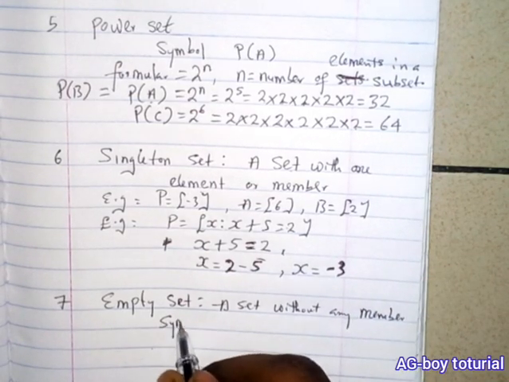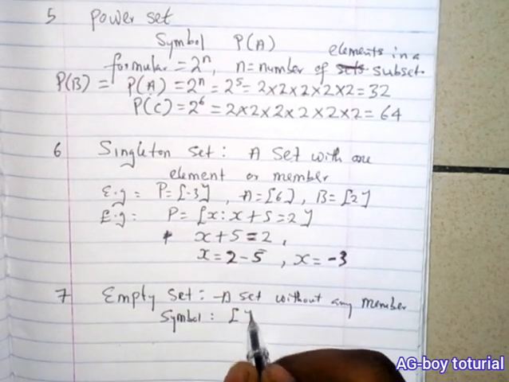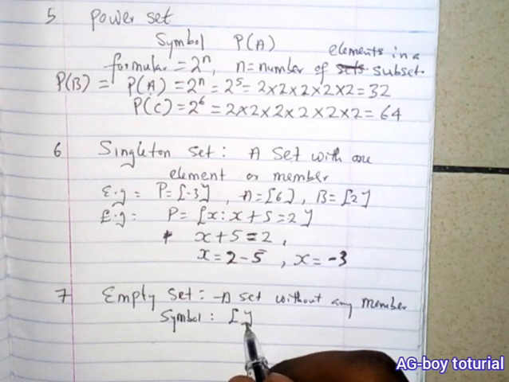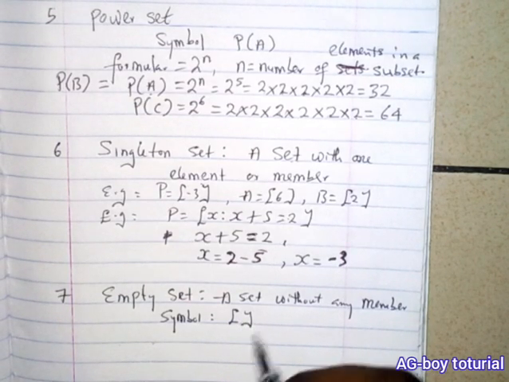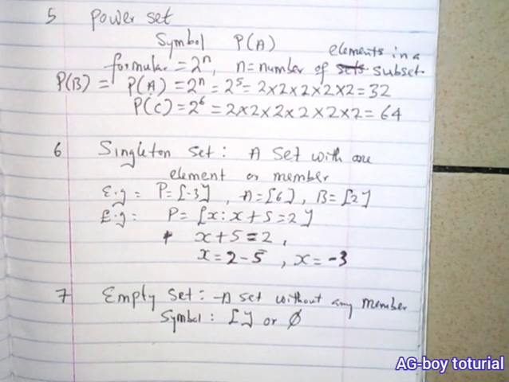So the symbol is either like this, where there is no number or letter in between the brackets, or a circle and a dash. So let's go to the next one.